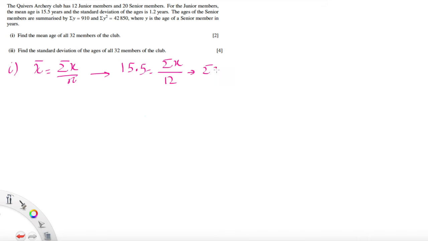So sigma x is 100 and actually 12 times 15.5, which is 186.